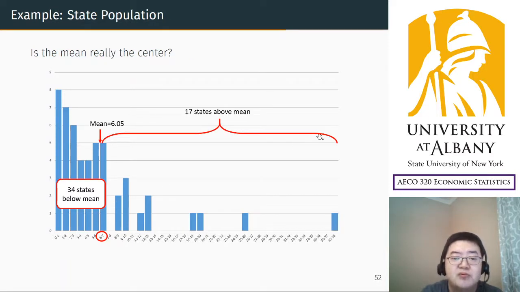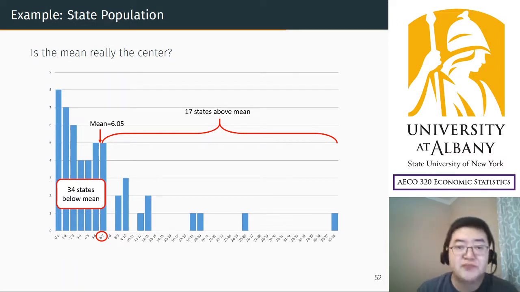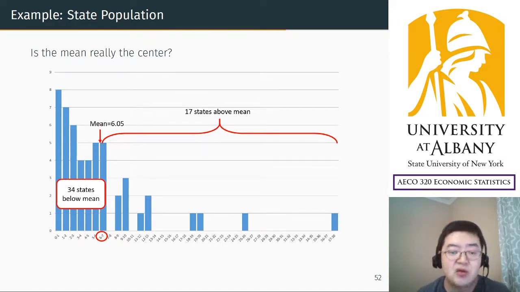So then the problem is, is it the center? We are looking for a center. The mean has to be a center, but the problem is that on the right side of the mean there are 17 states from the data. I'm going to post the Excel file together with the slide, so if you are curious, you can see the data, or you can just type census state population data. It's on Wikipedia.